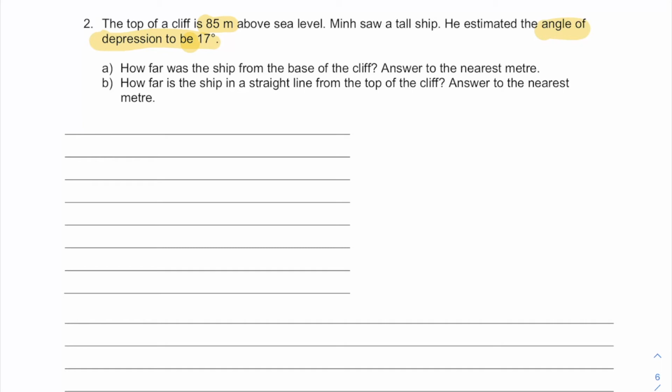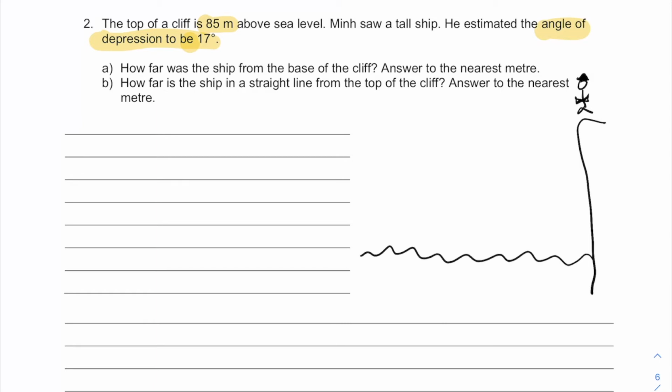So I'm going to start popping in my diagram. So let's pop in the cliff. I'm just going to do a very poorly drawn cliff. There's Min. I'm going to give him a hat too because he's outside. Alright, and then I'm going to pop in some water.